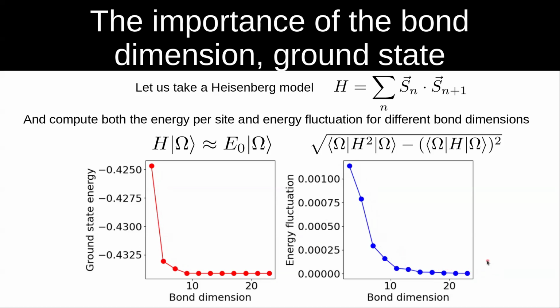And in practice, this is incredibly important when you want to compute observables with your ground state. If you have a state that is not exactly your ground state, some of the observables may be unphysical because they have contamination from excited states. So one needs to double check that the ground state is converged enough through the energy fluctuation in order to trust what the observables give.